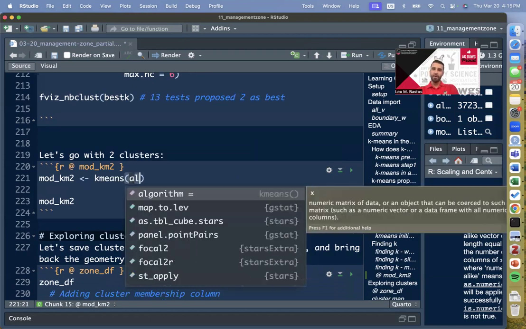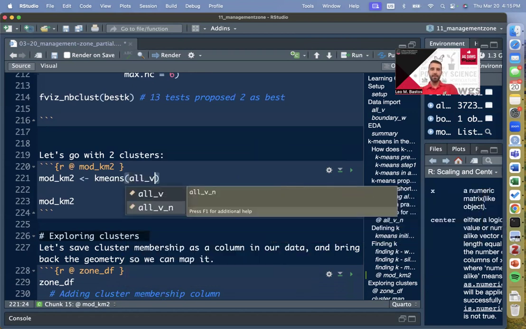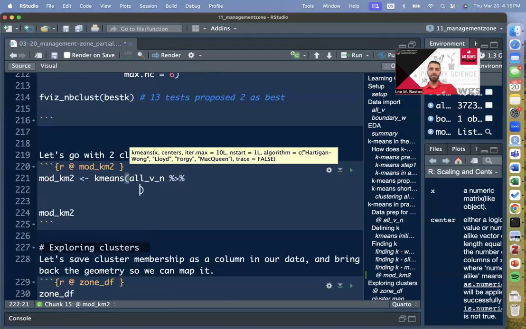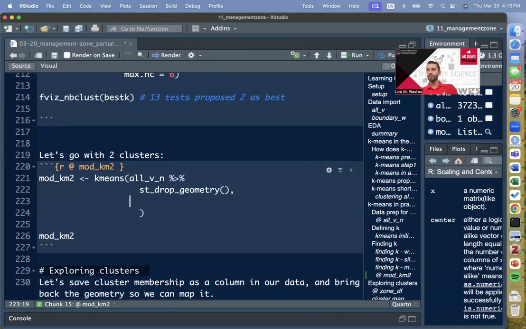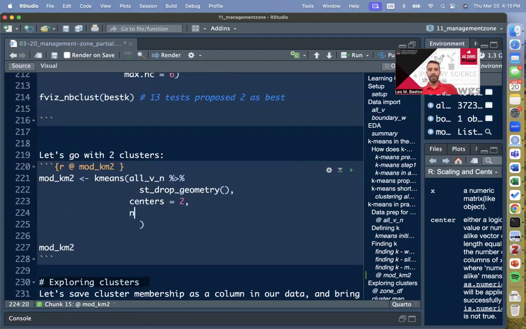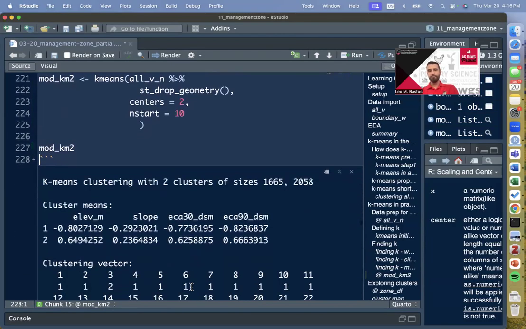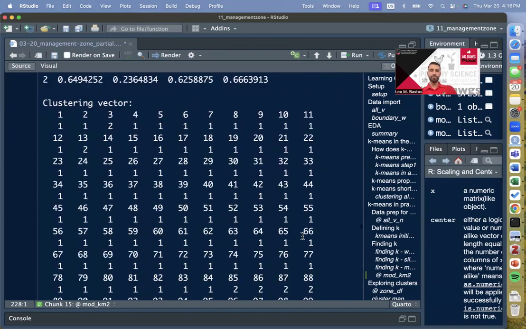The same way as before, we're going to give all vn and then give the pipe and ask for st_drop_geometry, so we do not have the geometry. We're going to say centers equals 2, and the same as before, and start equals 10. If you run this, we assign this to the object mod km2. If you print it, this is our object. We have 2 clusters, k equals 2.